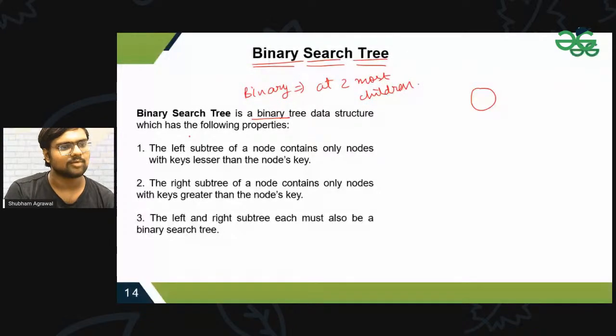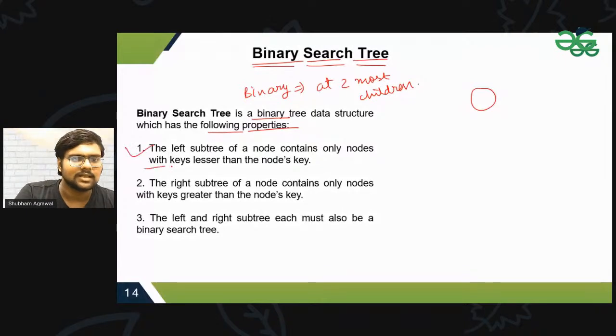The left subtree of a node contains only nodes with keys lesser than the node's key. So if the left subtree is present for this node and its value is 50, the nodes present in the left subtree should be less than 50.